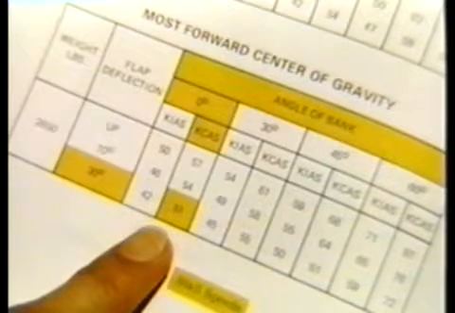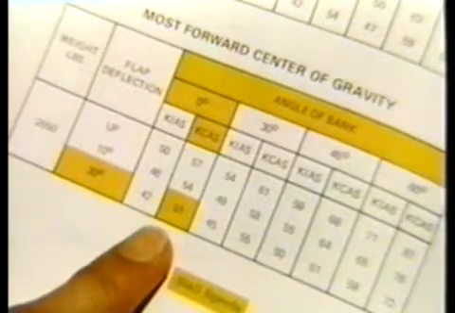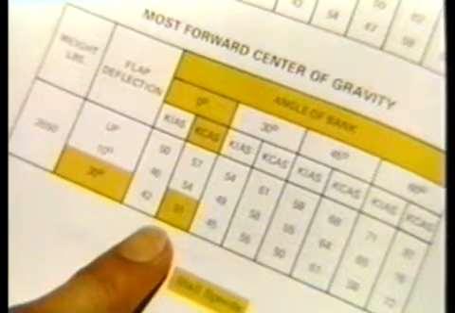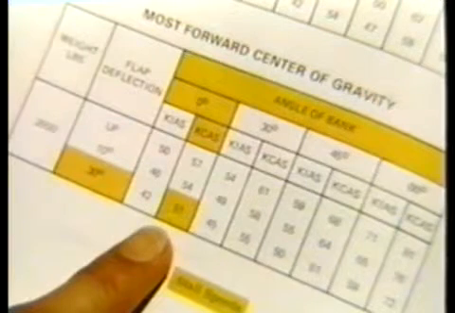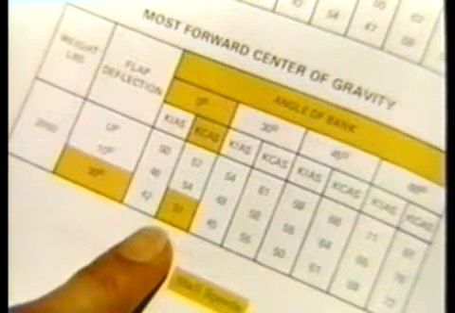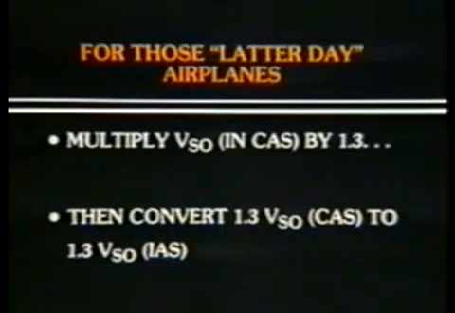Well, just as an example, it means that if you want to calculate your approach speeds and you're flying in one of these latter-day airplanes, you've got to go to the handbook and check the stall speed tables to find out what VSO is in calibrated airspeed. Then you must multiply that value by 1.3, 1.4, or whatever, and convert back to indicated to find out what speeds to fly.